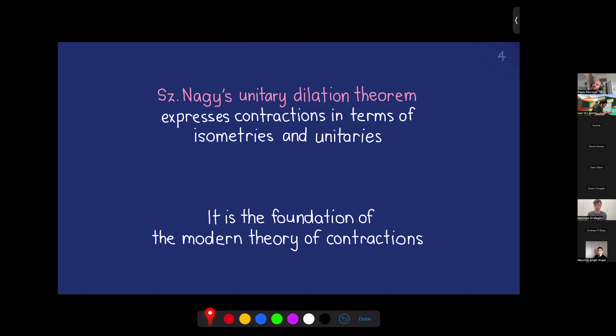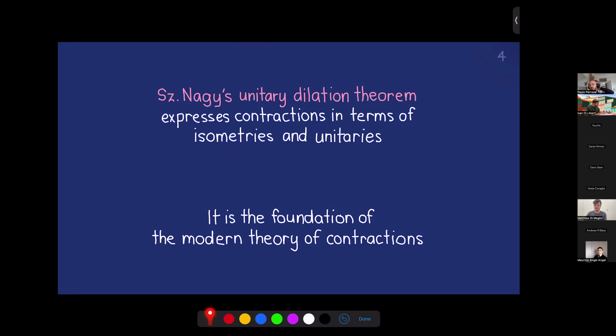And this theorem is very useful because in functional analysis, it's used to extend things that functional analysts know about unitaries and isometries to contractions. It really was the starting point for the modern theory of contractions in functional analysis. So it's a very useful theorem.